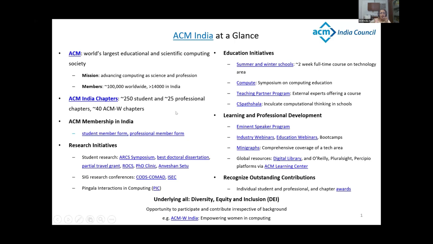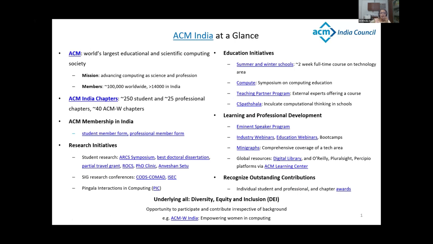There are quite a lot of research initiatives. There is the Arts Symposium, which is conducted during the ACM India annual event. There is the best doctoral dissertation award, which is given during the ACM India annual event. There are partial travel grants, which are given to you to attend various conferences.